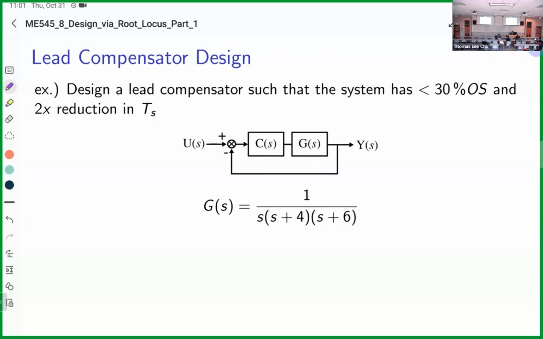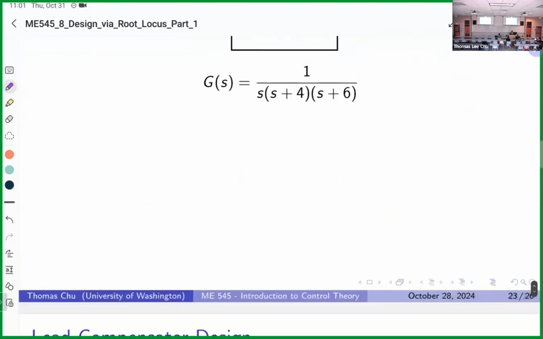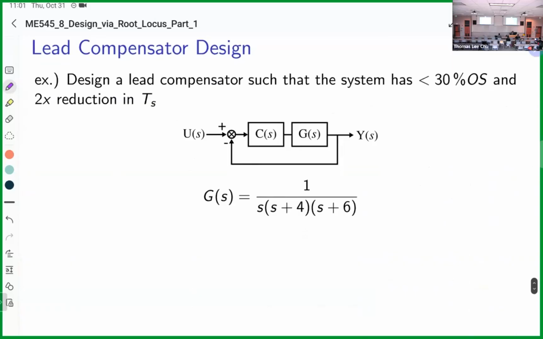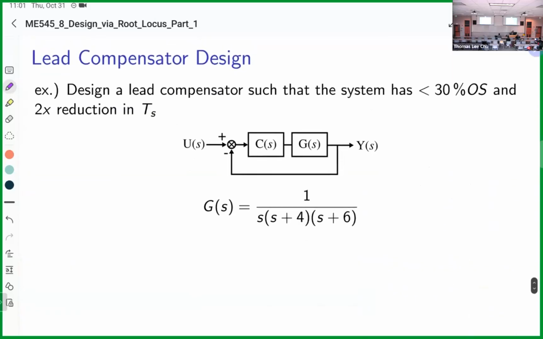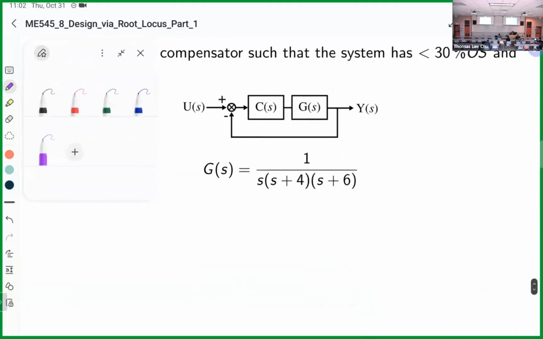So what I'm going to do is draw the pole zero map again. And because it's higher in complexity, we do have 2 blank pages to work on it. All right, so let's draw the pole zero map. I'm going to draw it on the left side here.